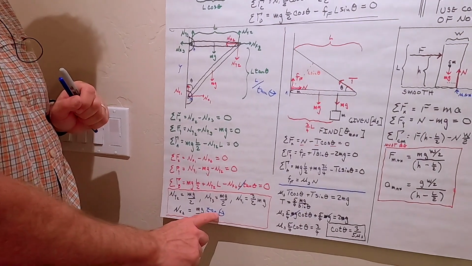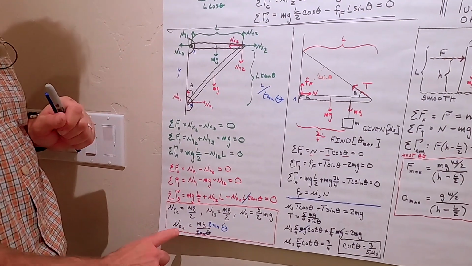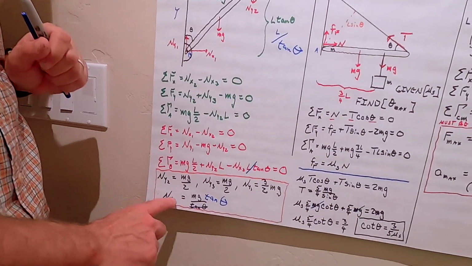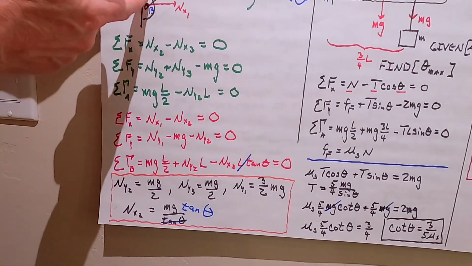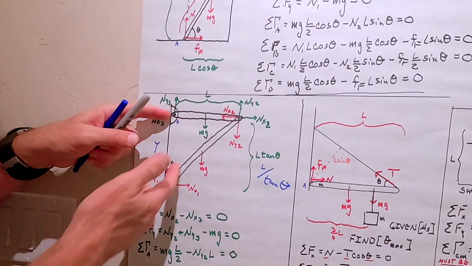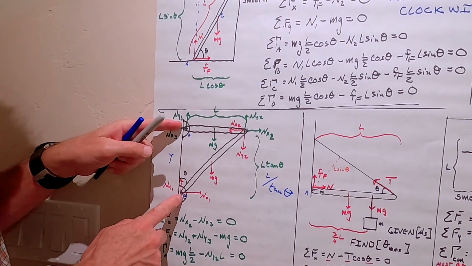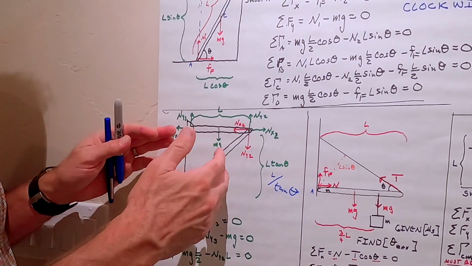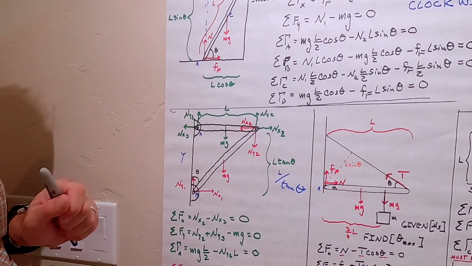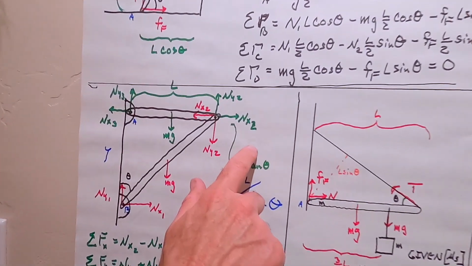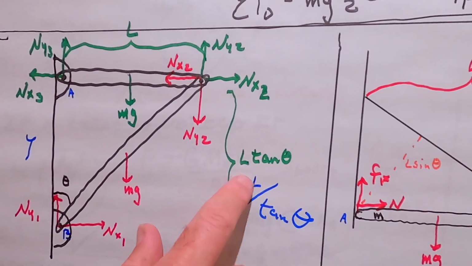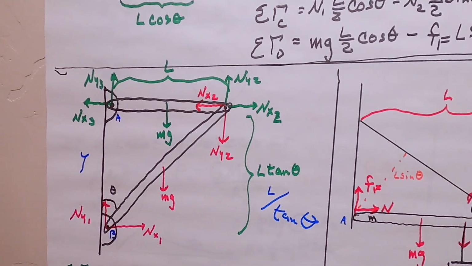When theta is small, tangent theta is small, and this becomes 0. So if you're going to hold up a heavy ledge right here, you don't want to put these two points close to each other, right? If there's a bookshelf or something like that, you want these two to have some spacing. Okay, so that should have just been, instead of L tan theta, L divided by the tangent of theta.